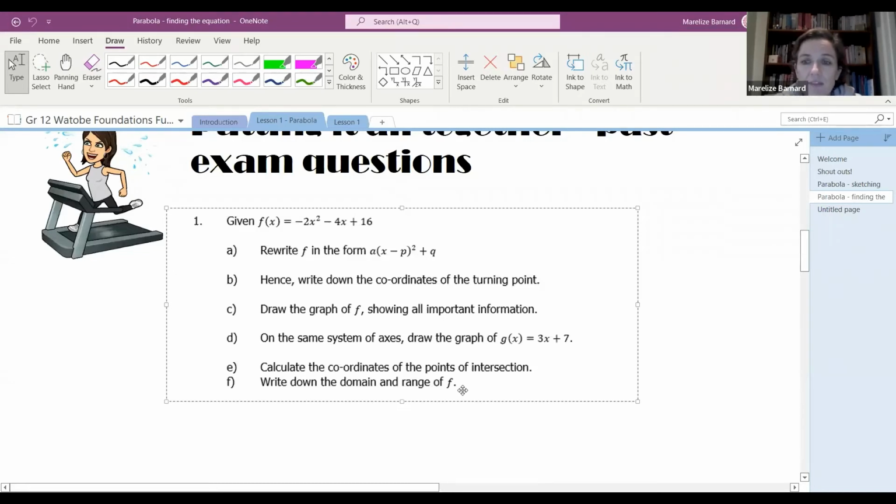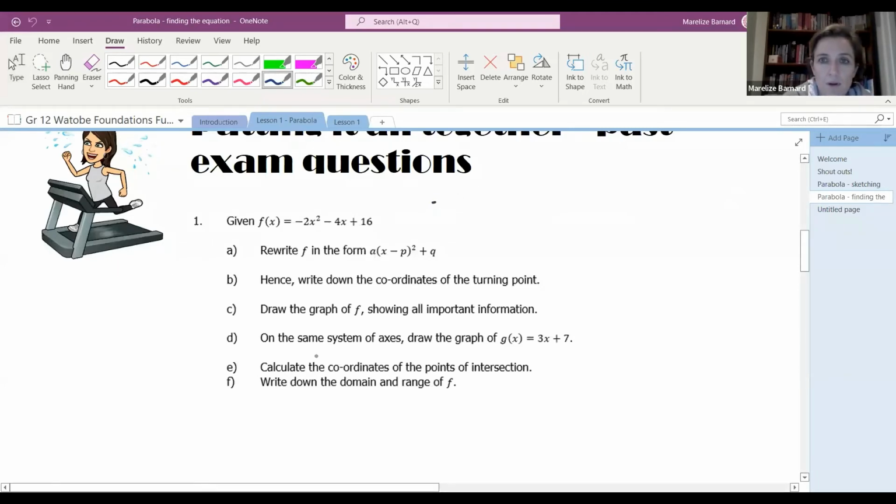I'm going to leave you for about 3 minutes to see if you can rewrite the equation from standard form into turning point form. Which is question 1A that we're doing from a past exam question.